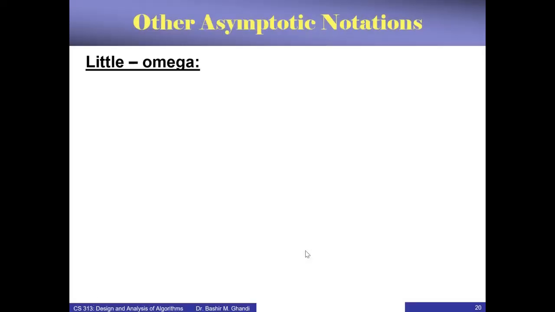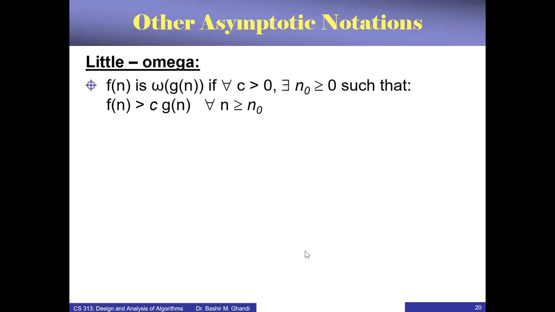Now let's look at the last one, little omega. f(n) is said to be little omega of g(n) if for all c greater than 0 we can find an n naught greater or equal to 0 such that f(n) is greater than c g(n) for all n greater than n naught.